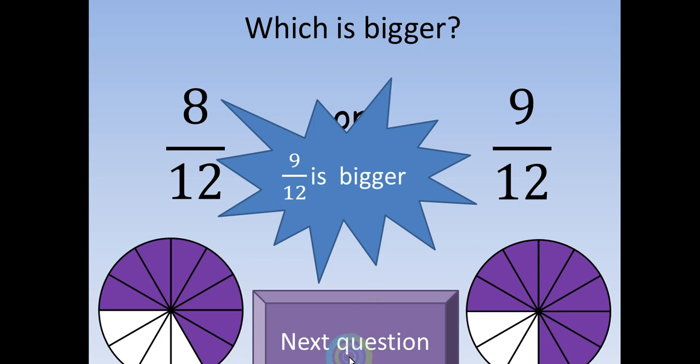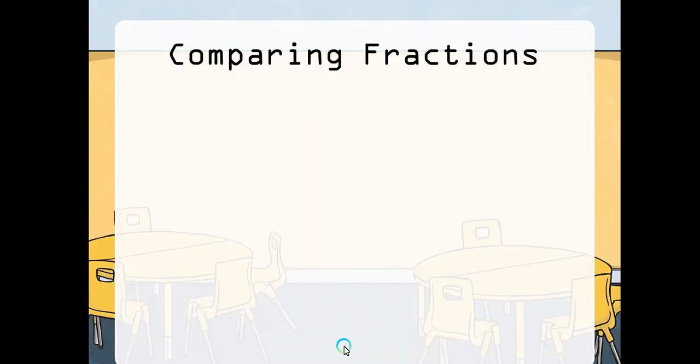Let's go to the next question. Going to the next question, still comparing fractions. Now, we have 3 over 7 and 7 over 21. Okay, we need to make this equivalent to 21.